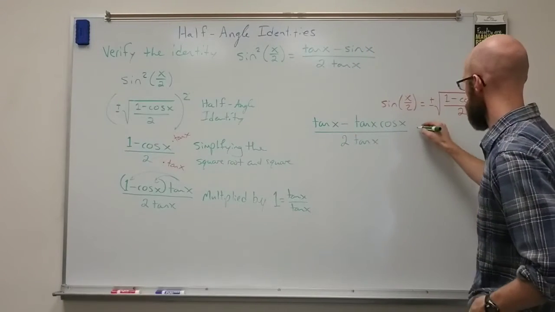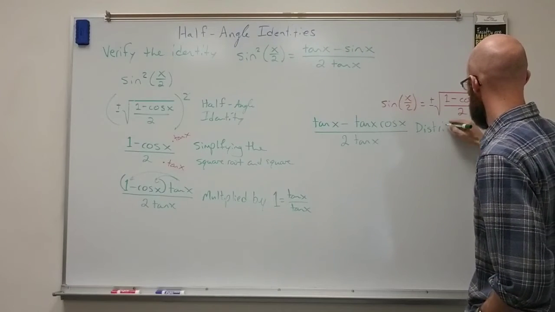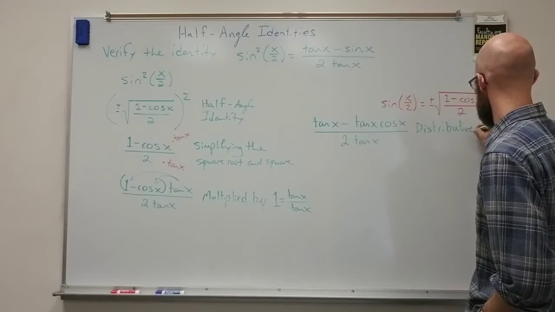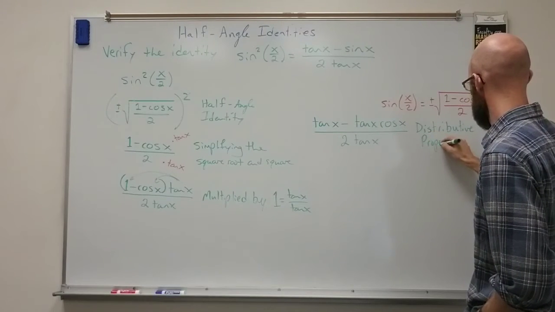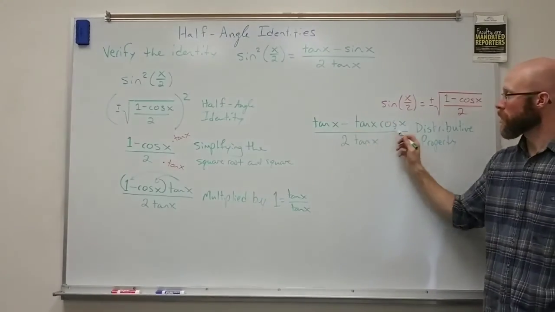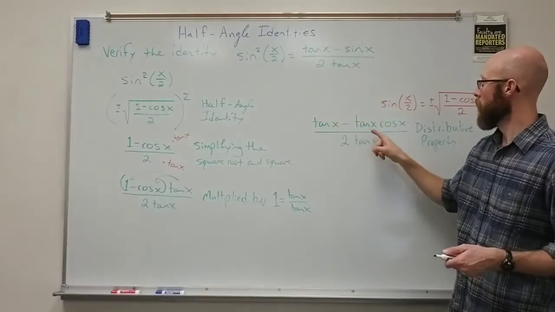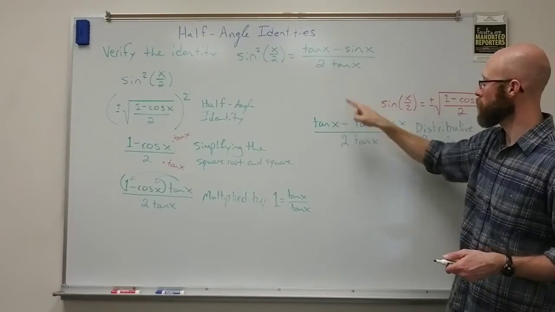So that's a distributive property. Okay, and now you're going to see that this expression I have is very similar to the one that we're looking for. I've got the tangent, I've got another term, I've got the 2 tangent on the bottom.